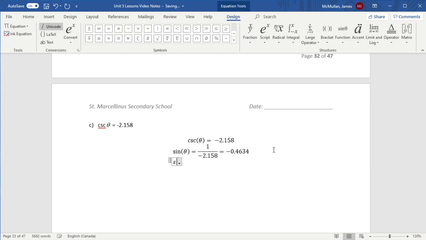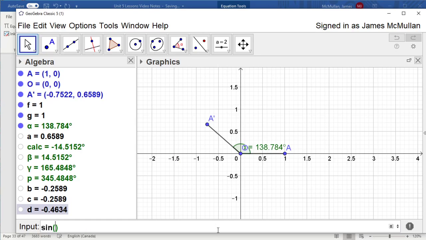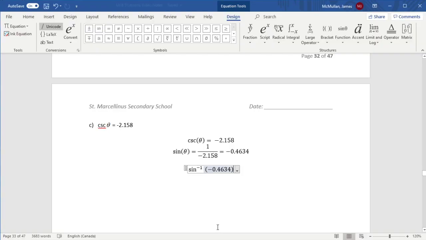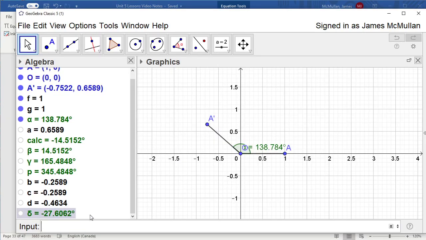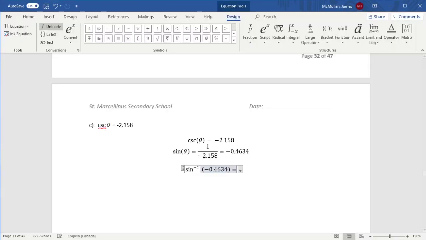So what I'm going to do here is the inverse sine of negative 0.4634, and when I do that, it tells me negative 27.6062.